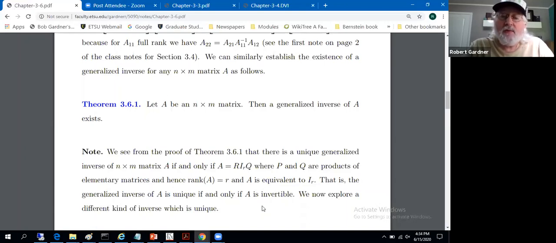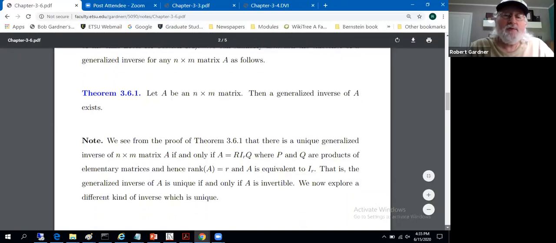You give me a particular matrix, if it ain't square, it has a generalized inverse, and it's got more than one. It's not unique. It's got uncountably infinitely many, in fact. So that settles the issue in terms of the generalized inverse stuff. We now explore a different kind of inverse, which is unique, called a pseudo inverse.